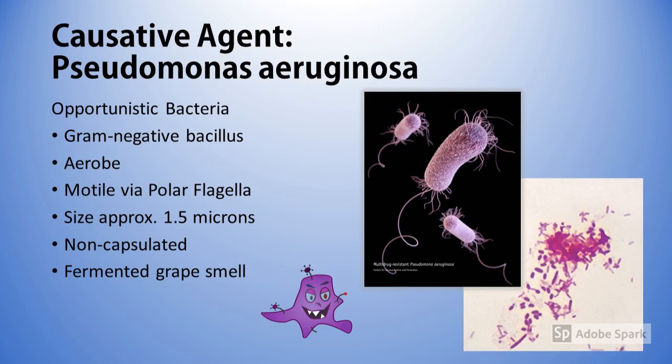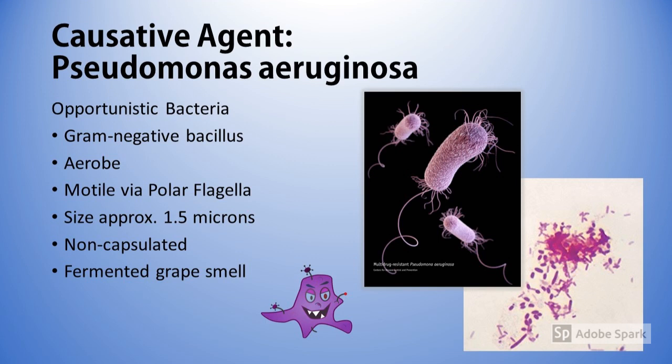It's a very opportunistic bacteria. It's gram-negative, and we've got to remember that it has a very thin peptidoglycan cell wall, so it's kind of sandwiched in between the cytoplasmic cell membrane and the bacterial wall. It's also an aerobe, which means that it does need oxygen to survive. This bug loves moist places.